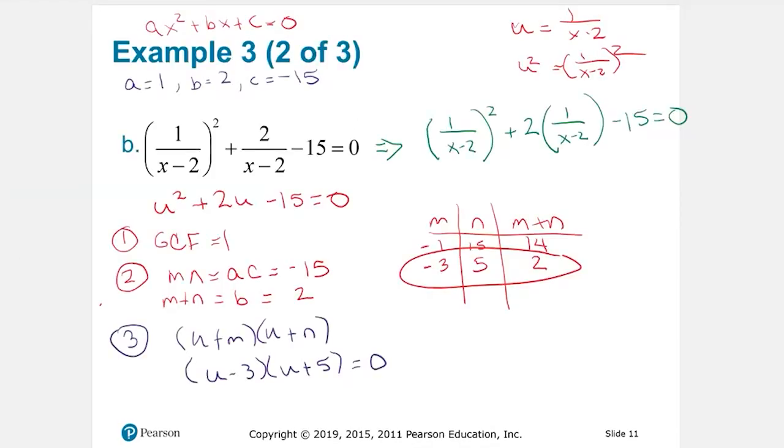But remember, I said u is equal to 1 over x minus 2. Now this equals 0. So I have u minus 3 equals 0, or u plus 5 equals 0. And that gives me u equals 3, or u equals negative 5.